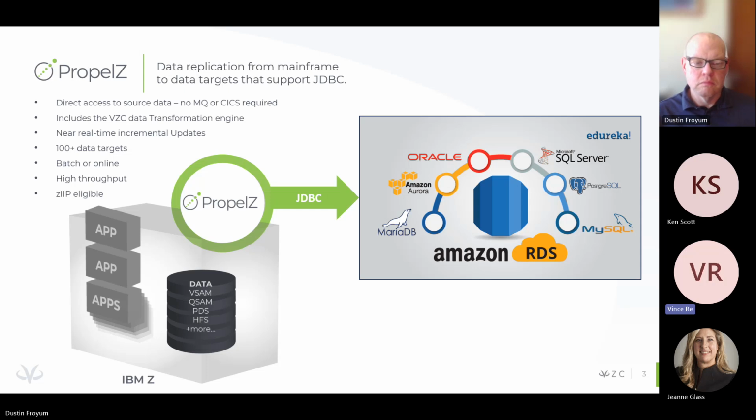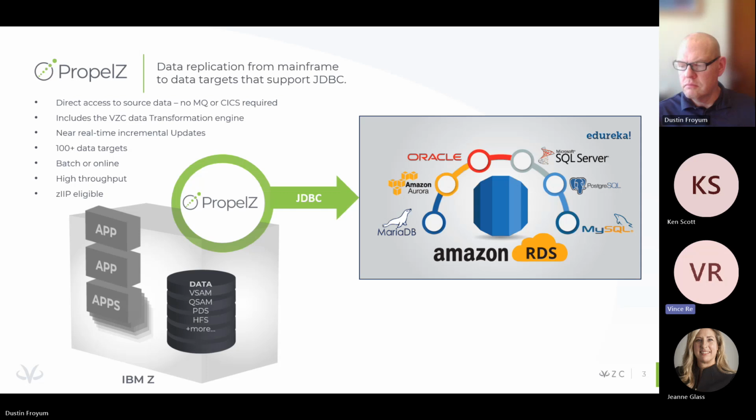And then despite the performance and the throughput, I should mention that virtually everything we do is zIIP eligible. So we're not using those expensive general purpose MIPS on your mainframe that are kind of driving all of your software costs higher.